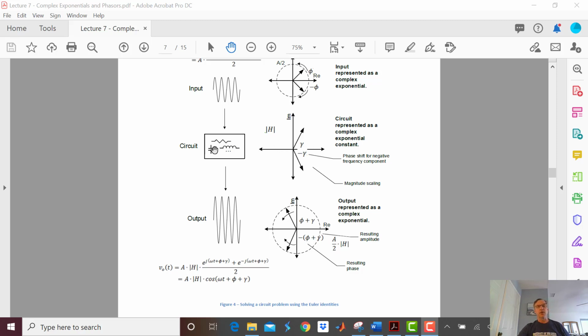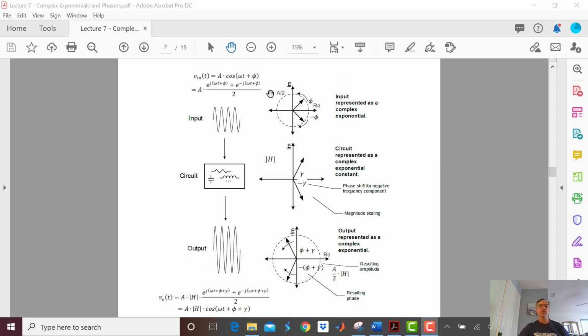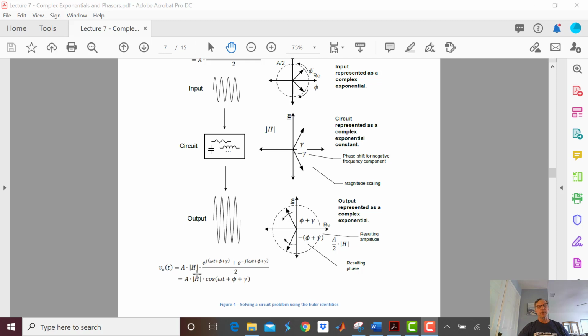And so my result over on this side is going to be A, which was our initial amplitude, times the magnitude of h, times e to the j omega t plus phi plus gamma. In other words, it moved our vector here at phi up by gamma, and it moved this one at minus phi by gamma also. And here is the complex representation of what comes out.